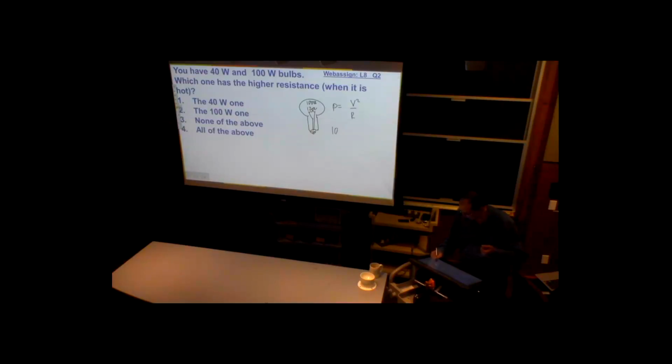So 100 watt should be equal to 120 volts squared over the resistance. This is actually what we called yesterday root mean square value, because in the real socket it constantly changes. So that will be the resistance of a 100 watt bulb, and we can solve it.